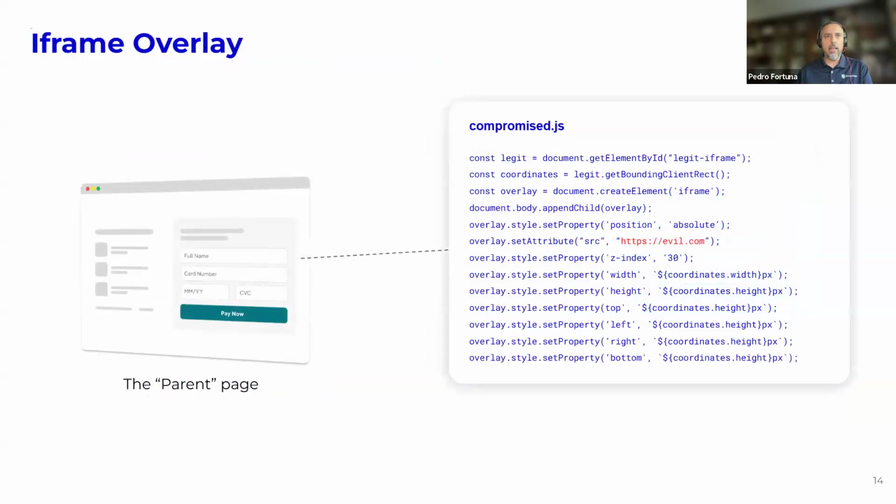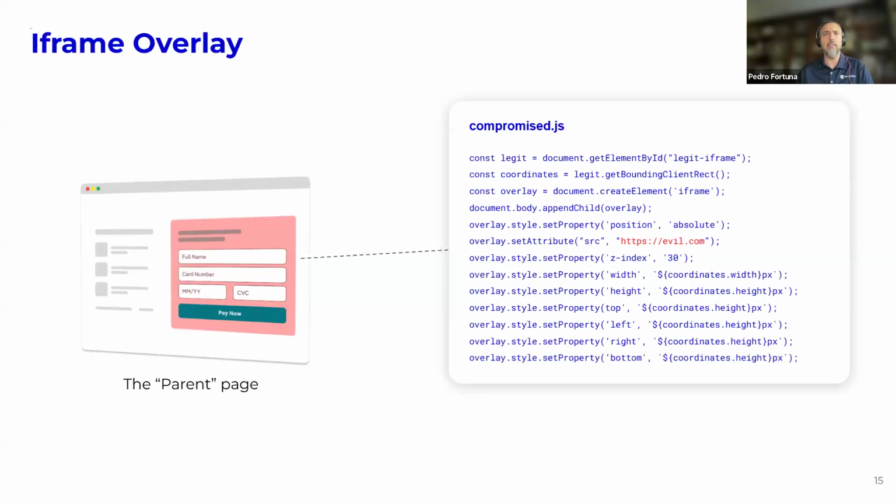Starting with the iframe overlay. In an iframe overlay attack, a compromised script creates a new iframe and overlays it on top of the legitimate payment iframe. This iframe is fully controlled by the attacker.